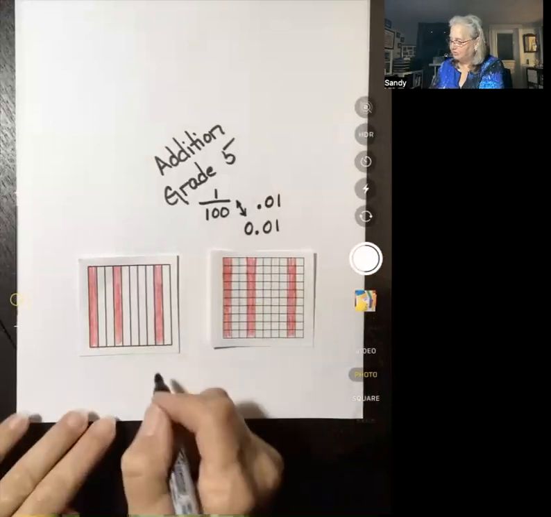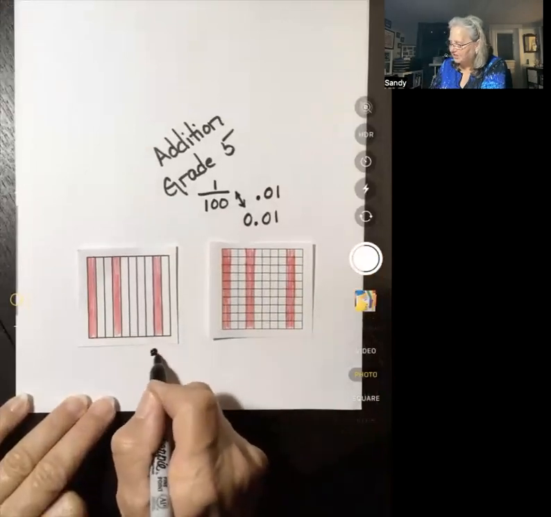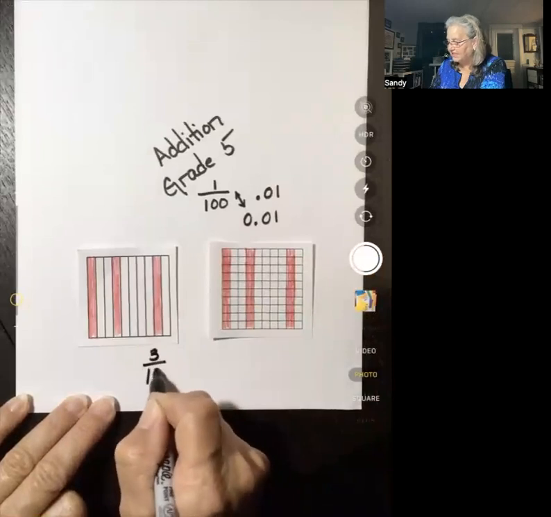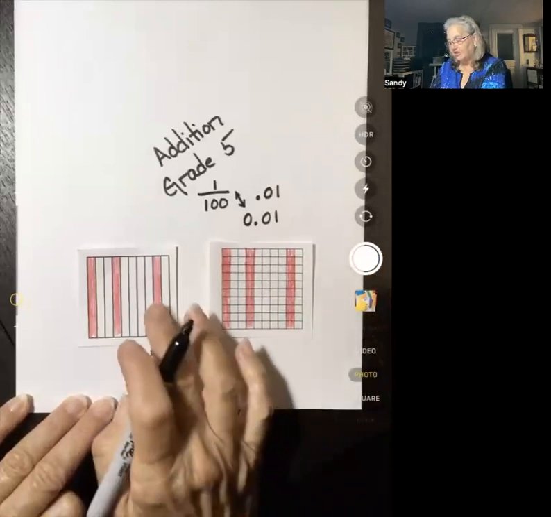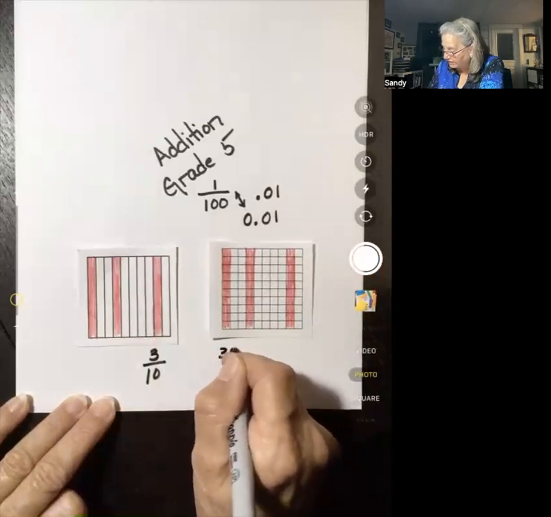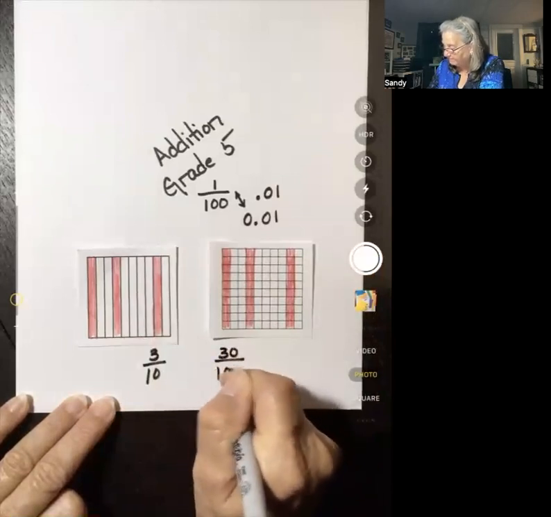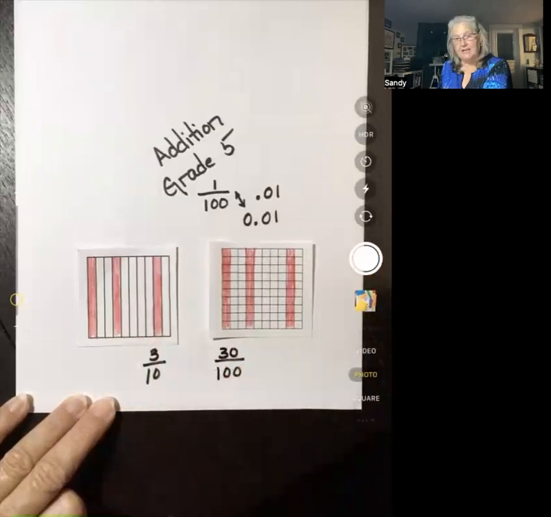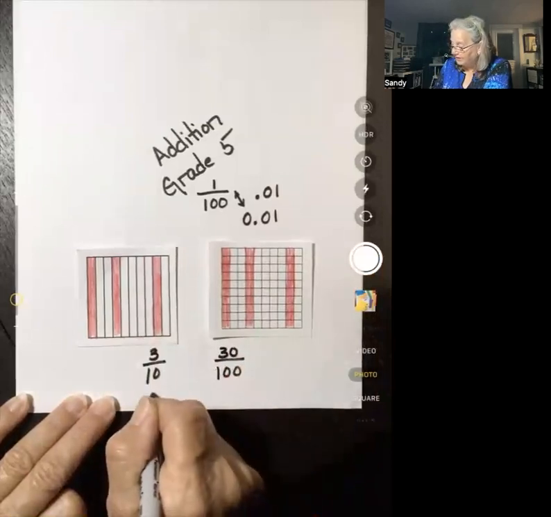And so we help your children make that connection between 3/10, common fraction, I could call this, and 30 hundredths, common fraction version.